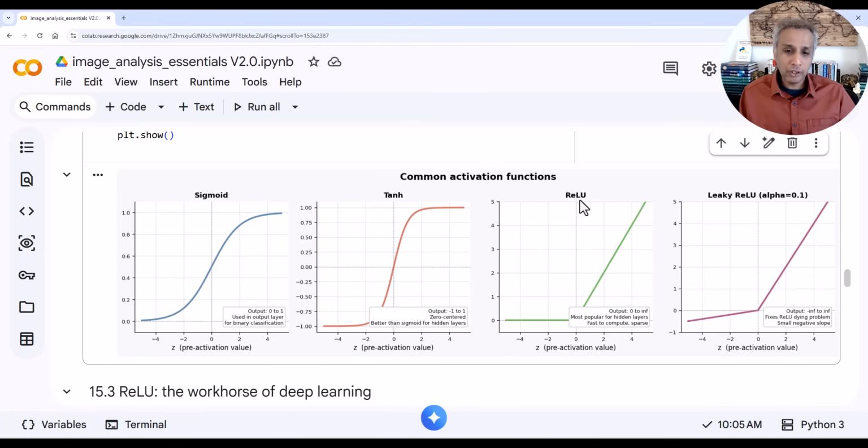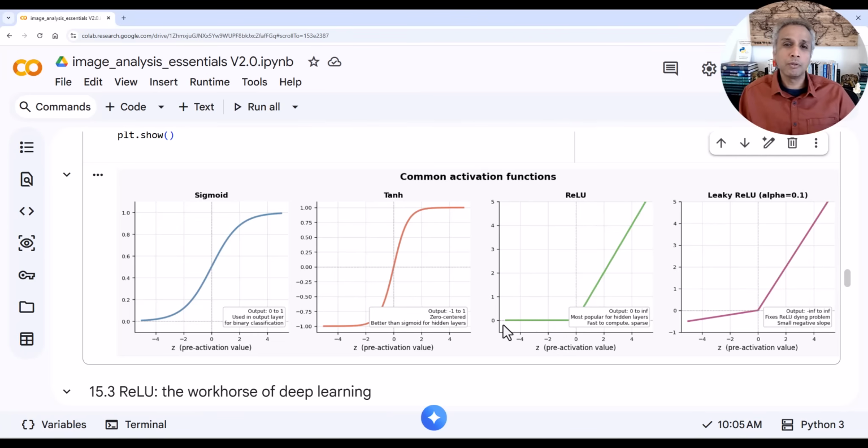Now, ReLU, rectified linear unit, is almost all the time the most common one that gets used in neural networks, for a good reason. If the value from our calculation is below 0, then the output is 0. If not, then the output is whatever the value is. This is linear. Yeah? So that's rectified linear unit.